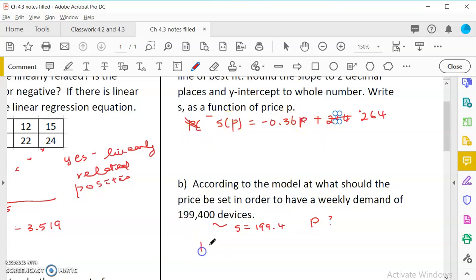So you're solving it the other way around. You're solving 199.4 equal to negative 0.36p plus 264, because you don't know p.